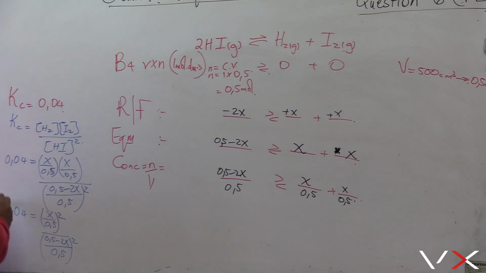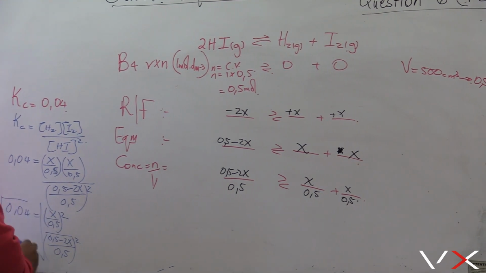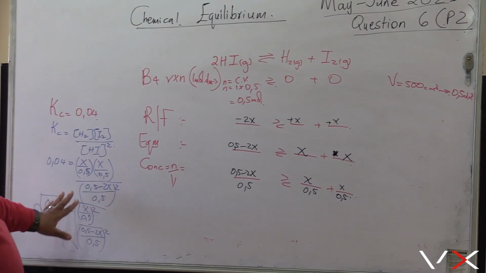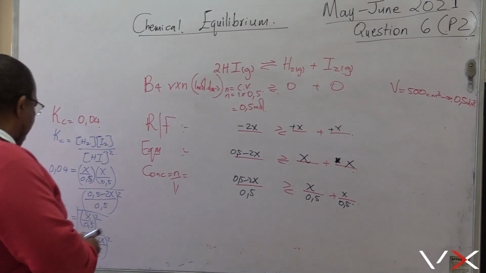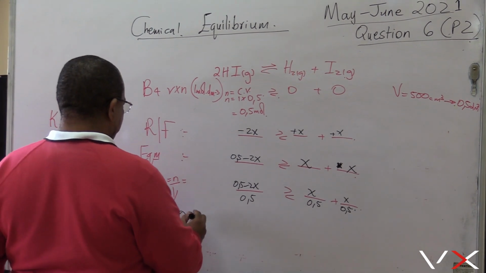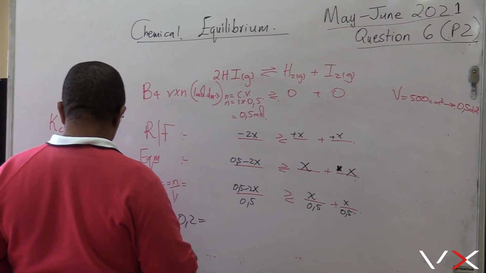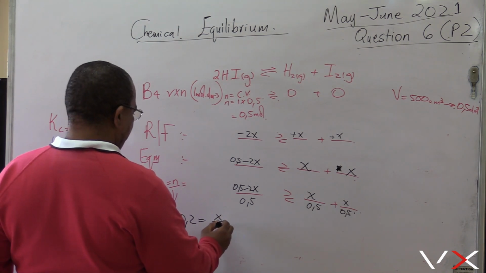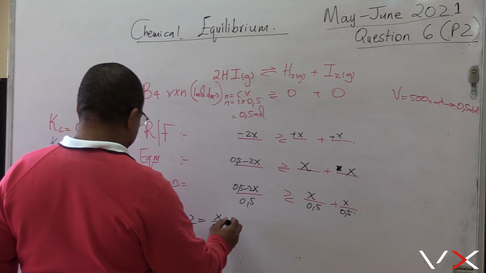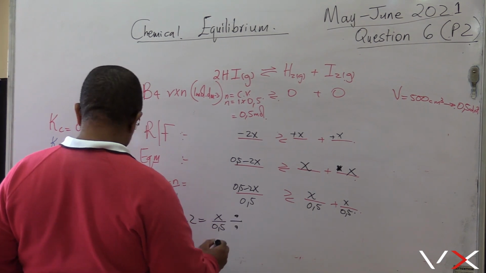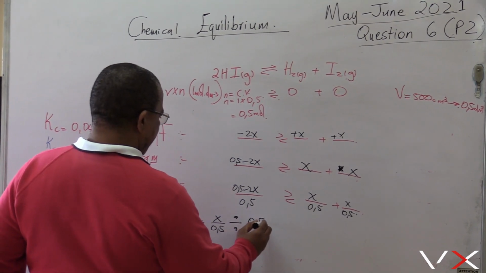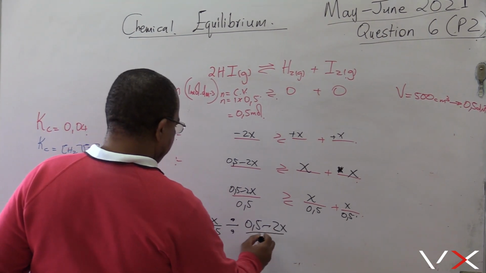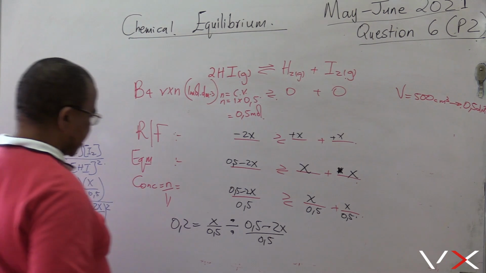We square root both sides. Now we want x, so we have 0.2 is equal to x over 0.5 divided by 0.5 minus 2x over 0.5.